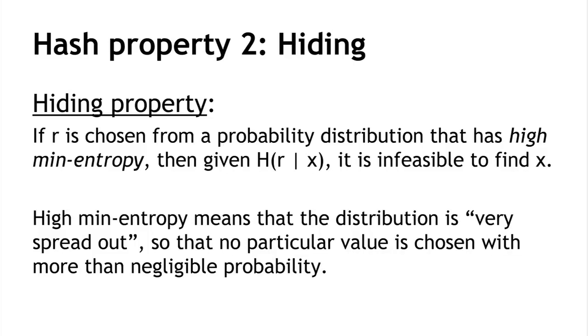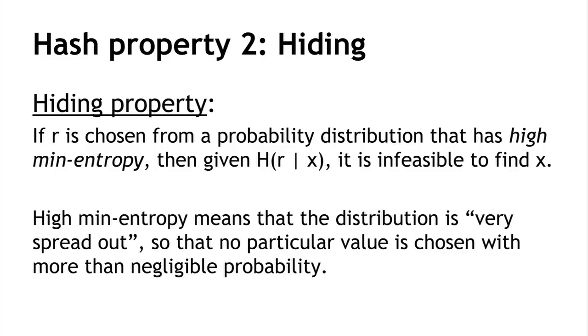What we're going to say is, given the hash of r together with x, it's infeasible to find x, and this will be true in the formally stated property that if r is a random value chosen from a distribution that has high min entropy, then given the hash of r concatenated with x, it's infeasible to find x.